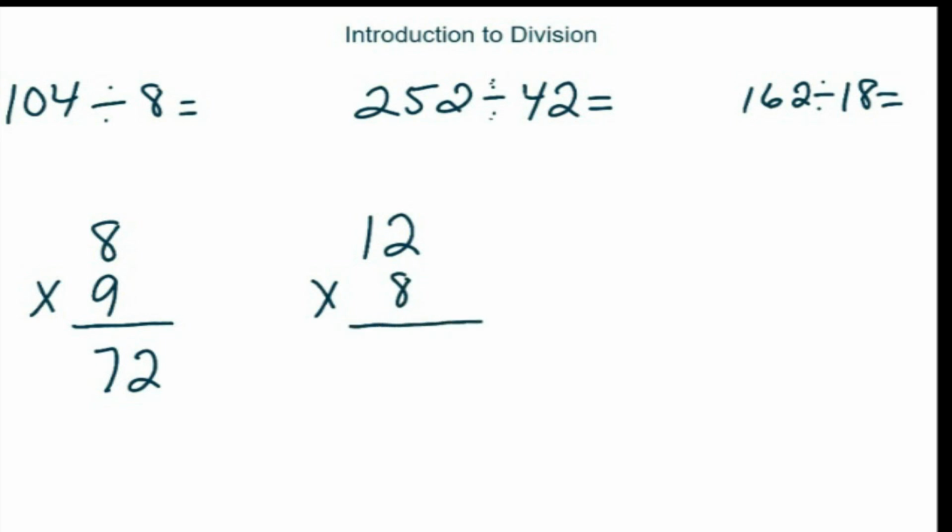Let's see what we get. Eight times 12 is only 96, and 96 is not what we're looking for either. Therefore, we need to multiply by a number higher than 12. So let's try 13.